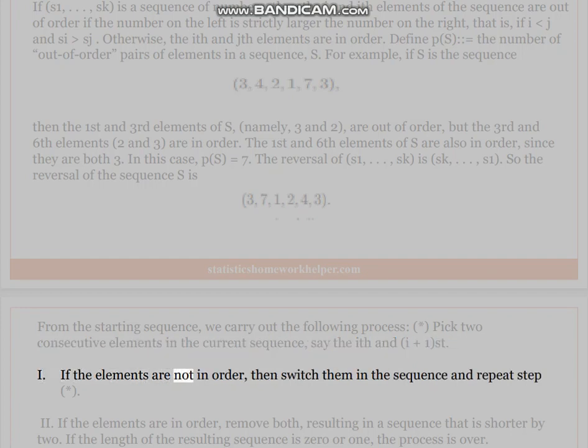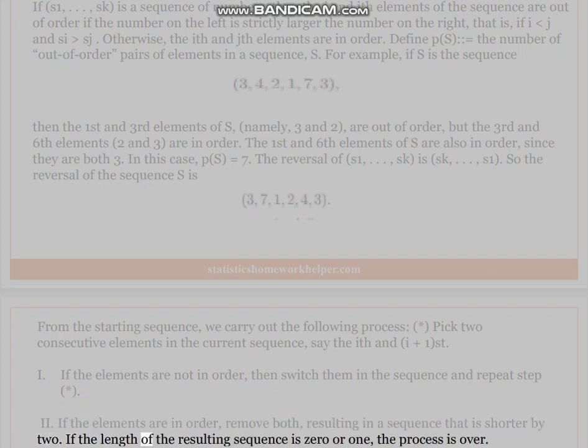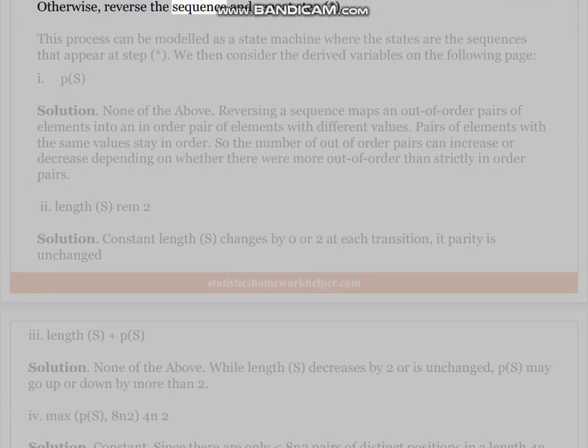If the elements are not in order, then switch them in the sequence and repeat step asterisk. If the elements are in order, remove both, resulting in a sequence that is shorter by 2. If the length of the resulting sequence is 0 or 1, the process is over. Otherwise, reverse the sequence and repeat step asterisk.